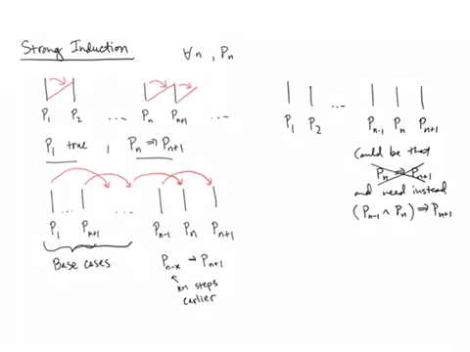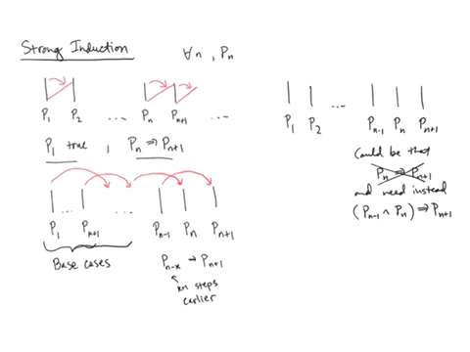And maybe only those two together have the force necessary to imply Pn plus 1. Right? Or maybe it's Pn minus 1 and Pn minus 2. Or maybe some even more complicated situation. Maybe you need Pn minus 1 and Pn minus 3. So maybe you only need some certain collection of the previous propositions in order to get P sub n plus 1.